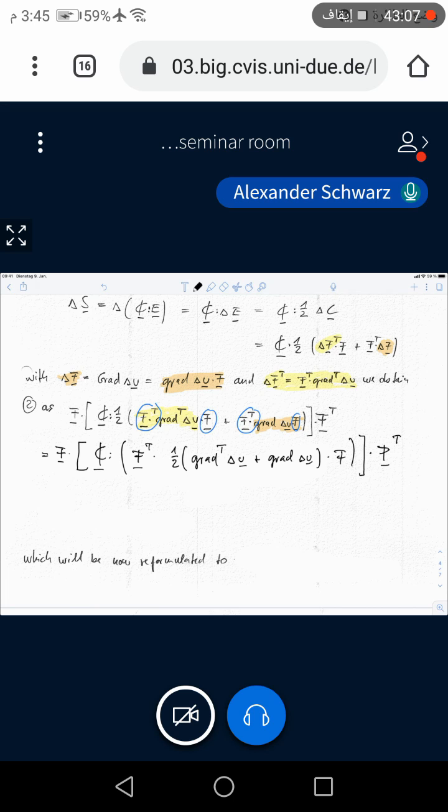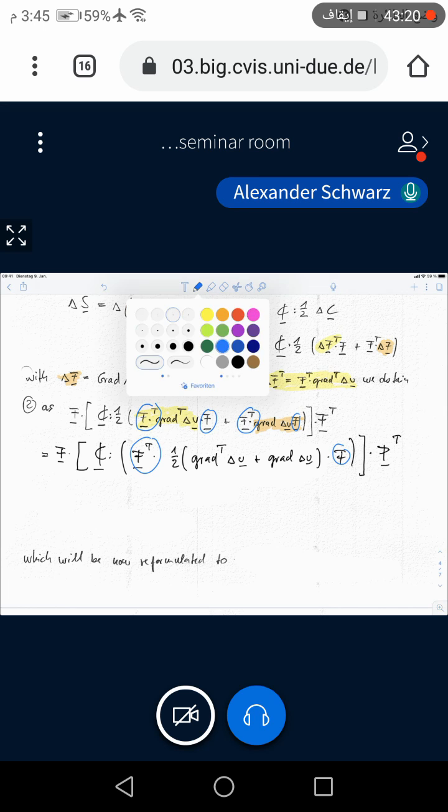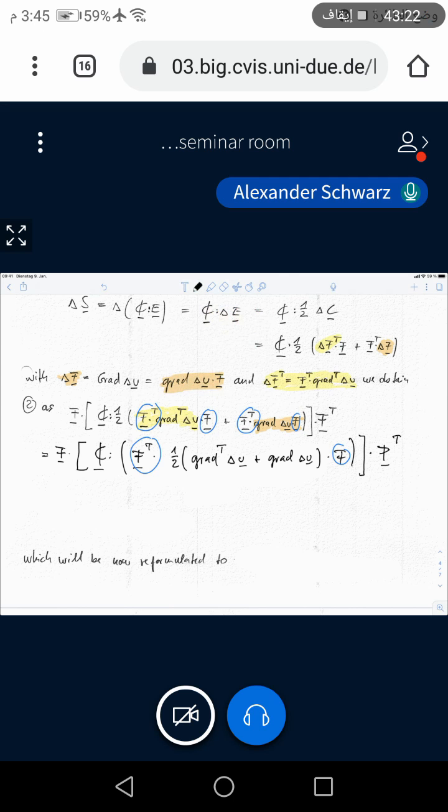So I have made another sortation here in blue. I have this on that side and that on that side, and I end up here with this expression now.